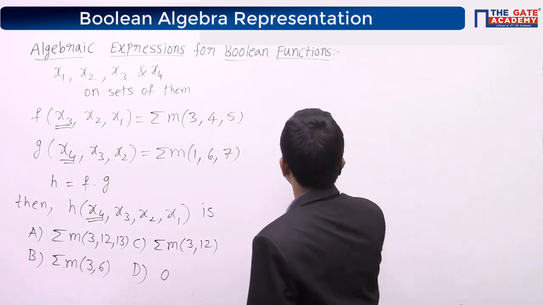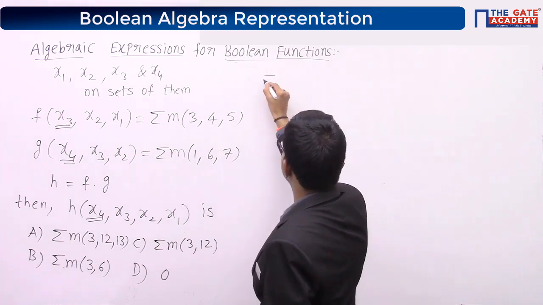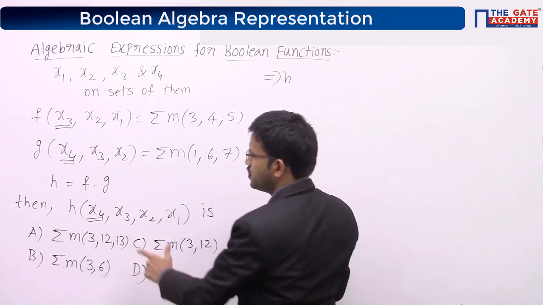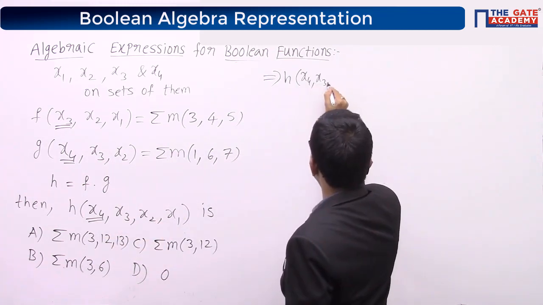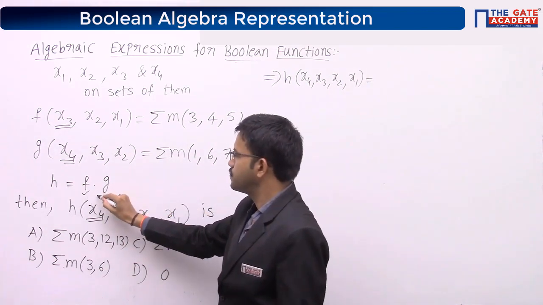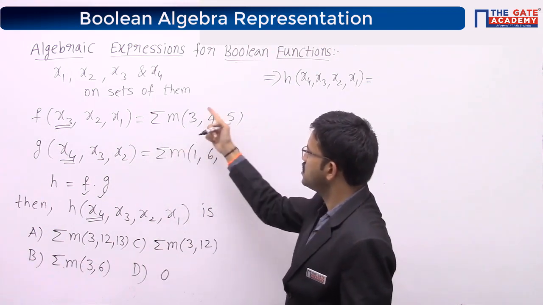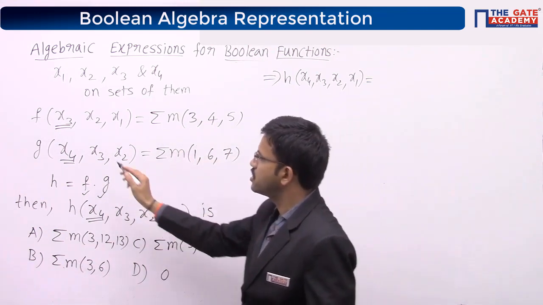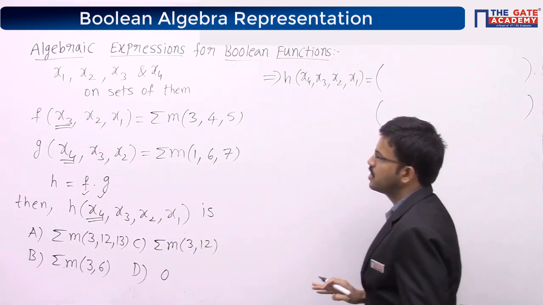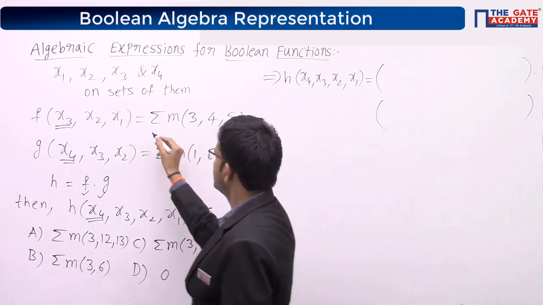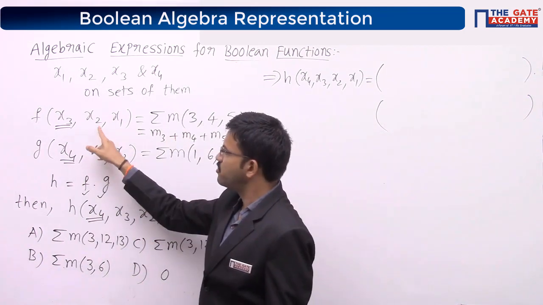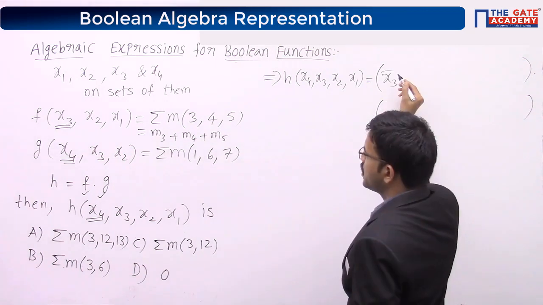See here, I am directly writing this function H equals F and G. H is a function of these four variables x4, x3, x2, x1, equal to F and G. Here I am considering F as sigma m 3, 4, 5, that is m3 plus m4 plus m5. m3 means 0, 1, 1, that is x3 bar, x2, x1.